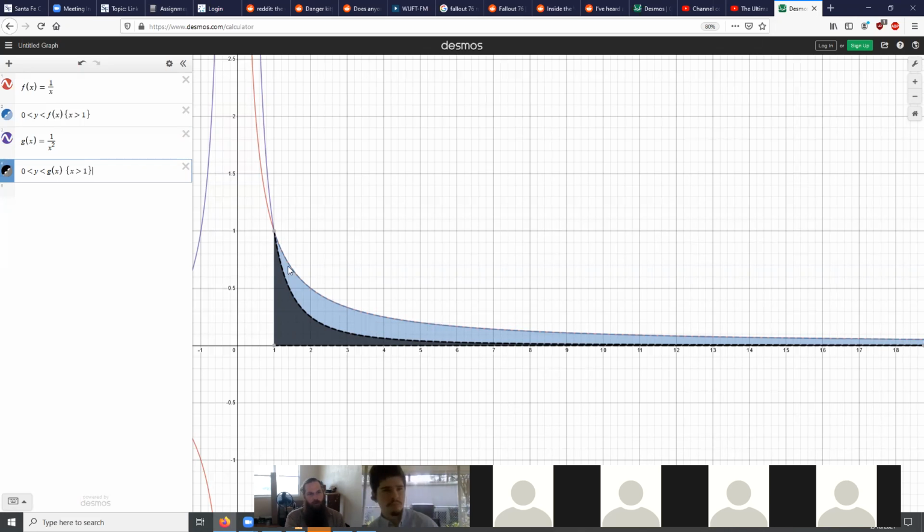We know the blue area is infinite. We know the black area is finite. And the question becomes, well, functions like this, 1 over x to some power, when do those integrals come out finite, and when do they come out infinite if we just integrate from 1 to infinity?